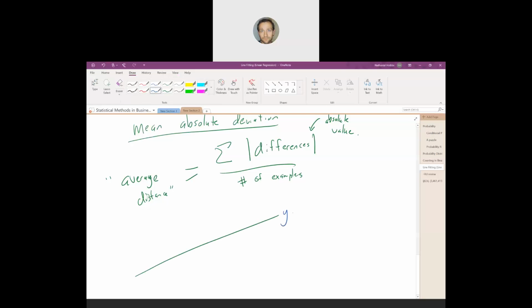Let's take this one. I'll make this y equals x, and I'll call this point 1, 2, and this point 2, minus 1. Something like that. That's not quite right.